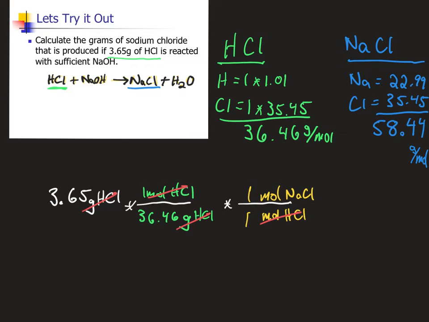Now I have moles of sodium chloride. Is that what I want? No, I want grams of sodium chloride. Therefore, I have to use my molar mass that I've already calculated.